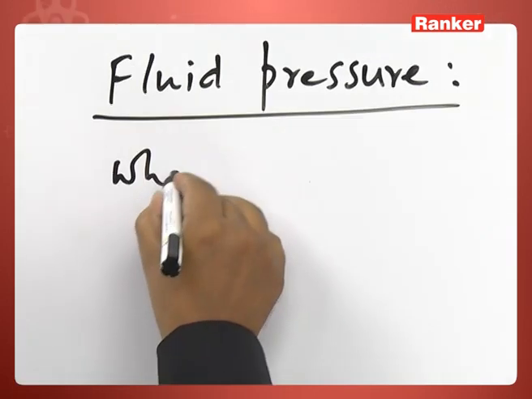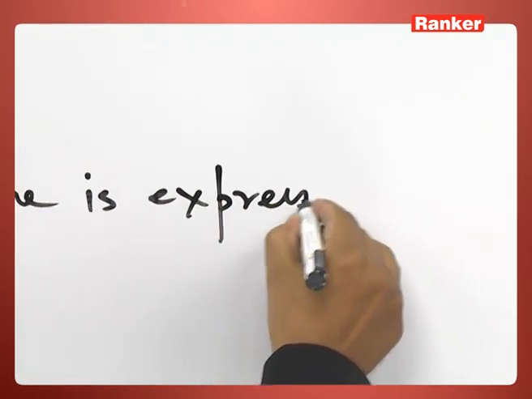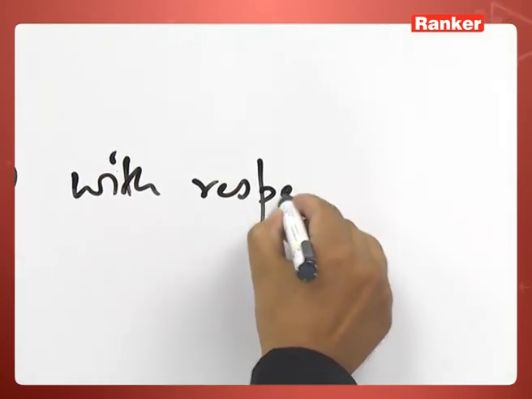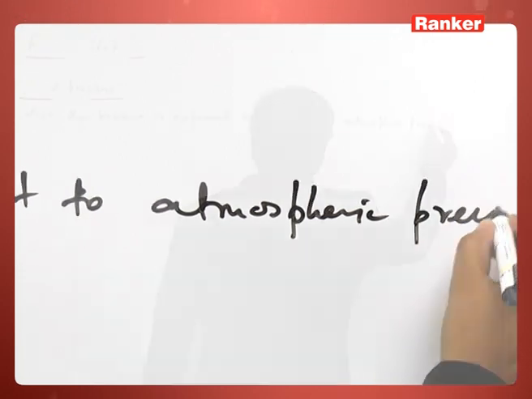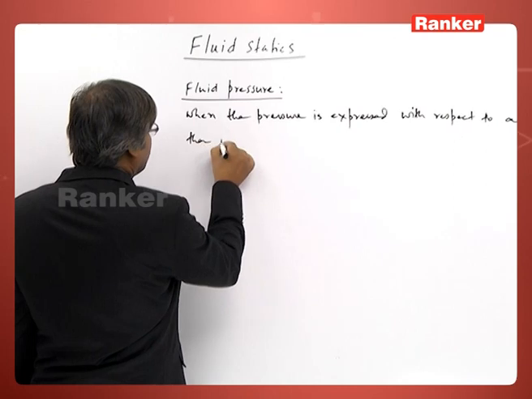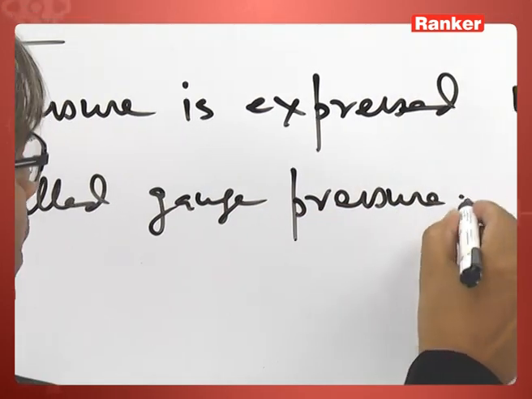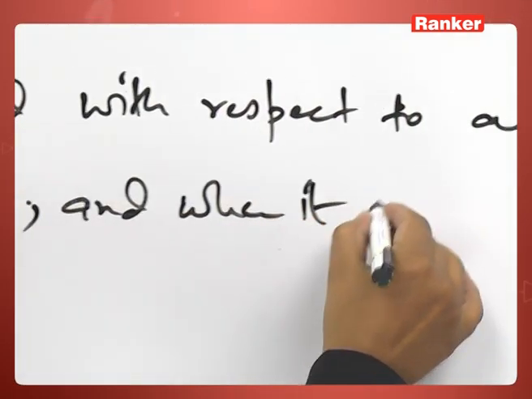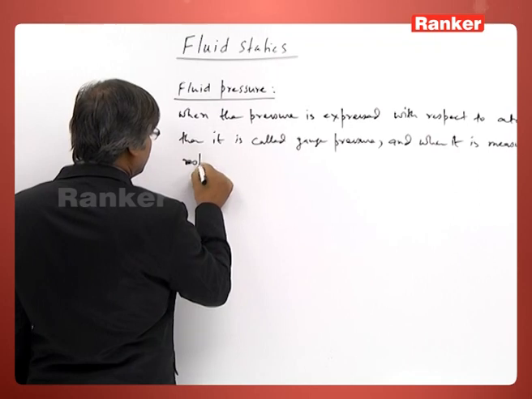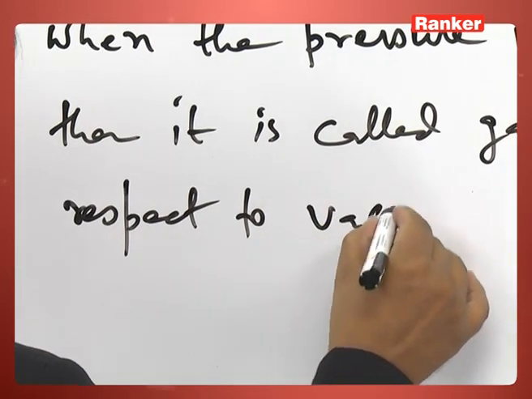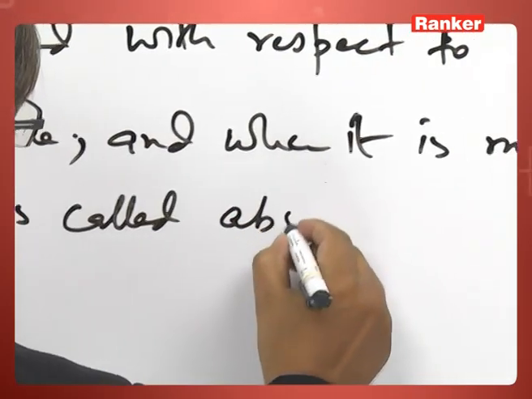So, when the pressure is expressed with respect to atmospheric pressure, it is called gauge pressure, and when it is measured with respect to vacuum, then it is called absolute pressure.